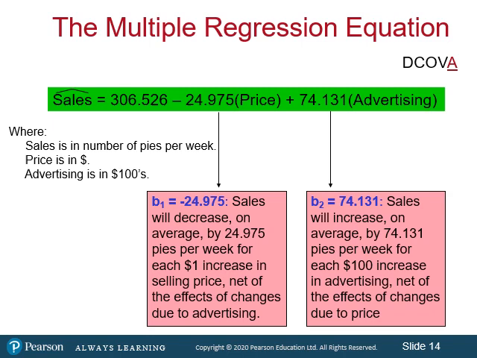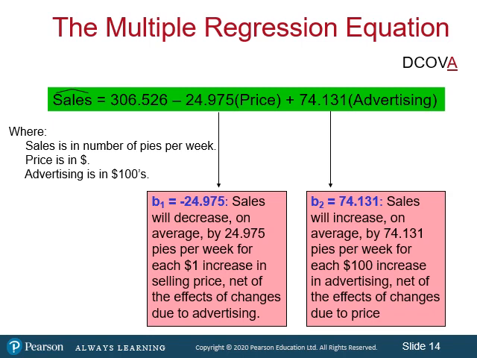So this is how we will write an equation. Sales equals 306.526 minus 24.975 times price plus 74.131 times advertising. What does the beta value here mean? When price increases by $1, sales will decrease by 24.975.